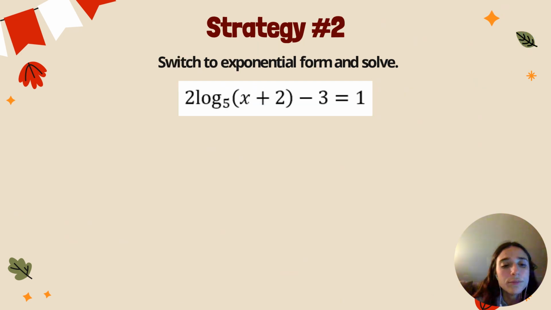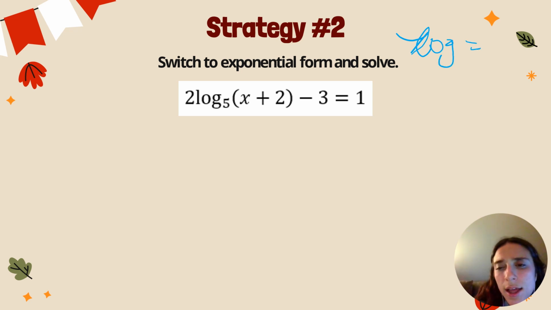That's type 1. Type 2 is where you change the log to exponential form. This usually happens when you have log equals a number. Last example was log equals log. When you can make it log equals a number, usually you're going to switch it to exponential form. To do that, you need to make sure your log is all by itself on one side. It needs to be just log equals just a number.